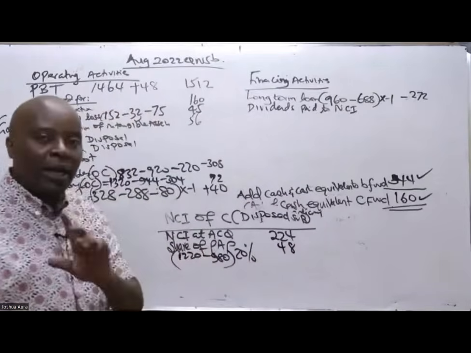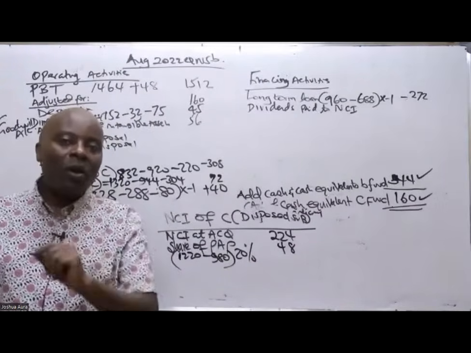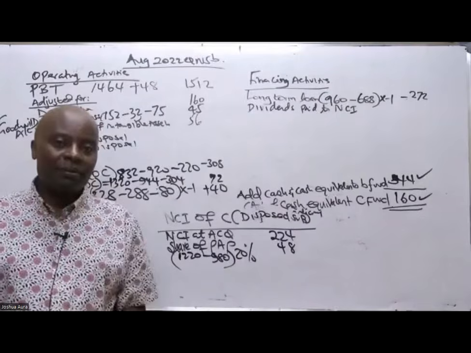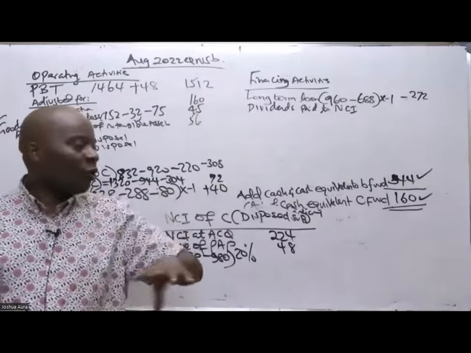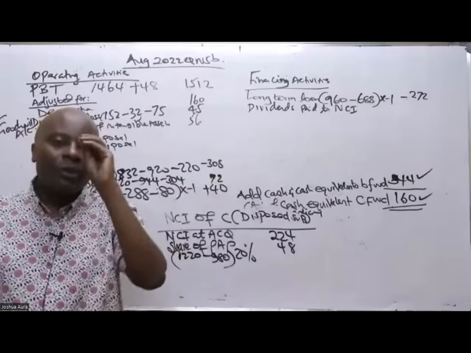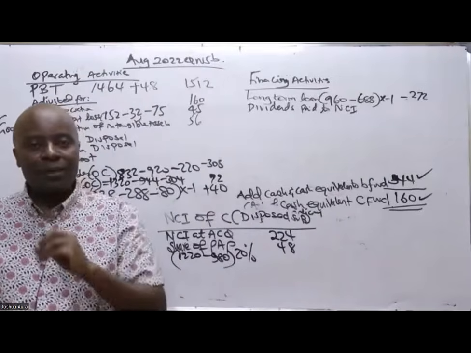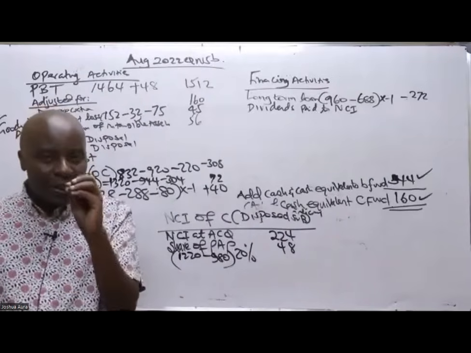From there remember, there was goodwill for this particular company C which was disposed. We got goodwill and there was some total impairment of that goodwill of company C. If I remember, it was 300, isn't it?